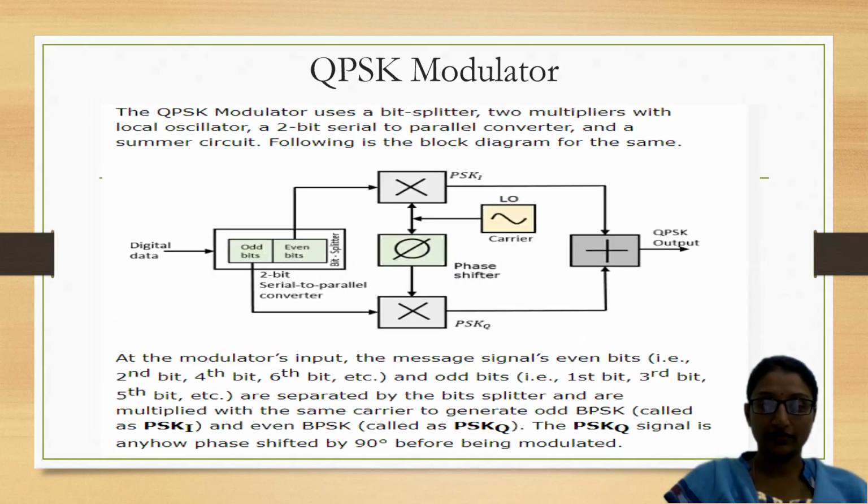I just want to have a glance at the block diagram of the QPSK modulator, where odd bits and even bits are separated and given separately to product modulators, and finally we give them to a summation.